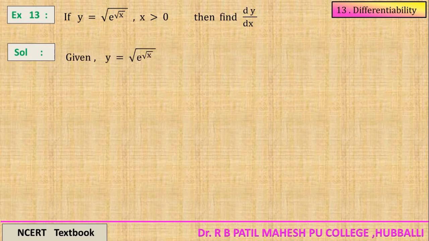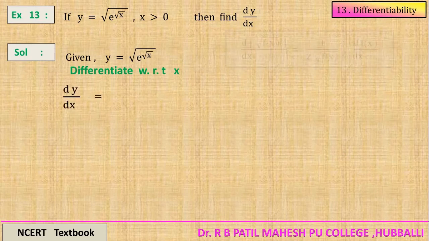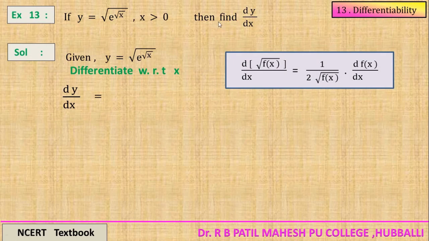First you write root of e raised to root x. It is also composite of three functions. One is root function composite. After that, composite variable, composite exponential. Differentiate with respect to x. Now recall that root function derivative.